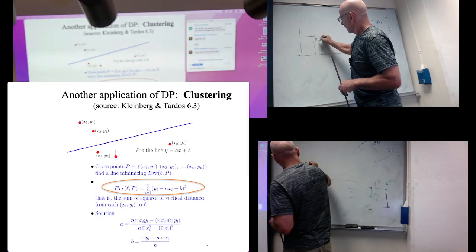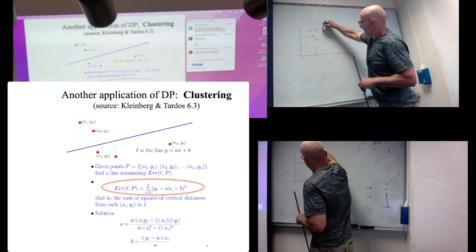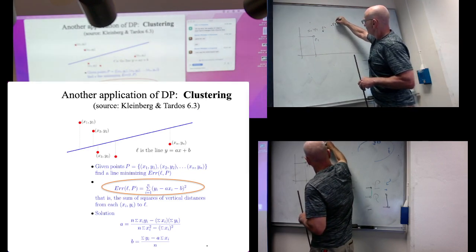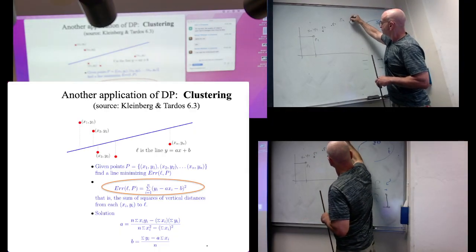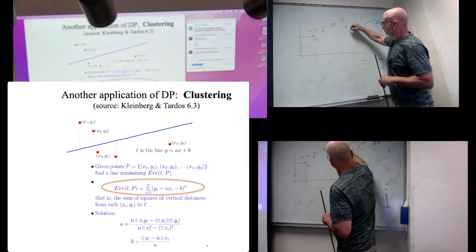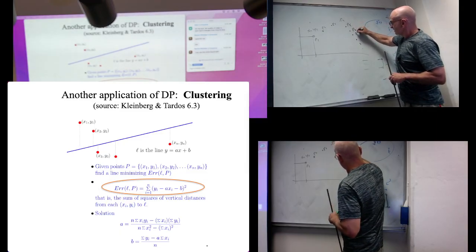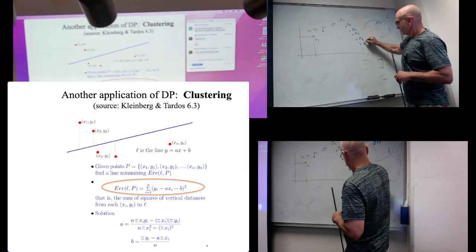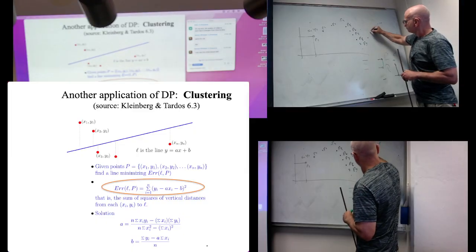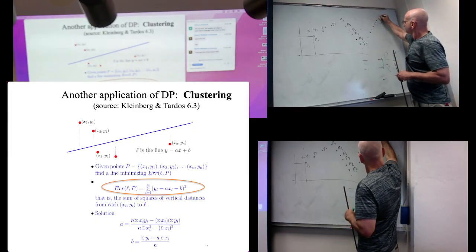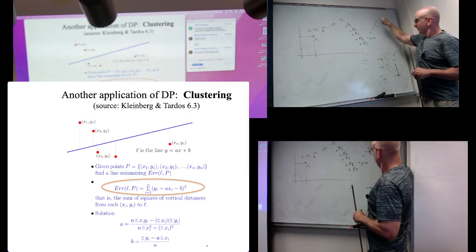Here is P1, that is x1, y1, P2, P3, P4, P5, P6, P7, P8, P9, and so this will be P10, and this will be, I think, P17 somewhere, with all these points.